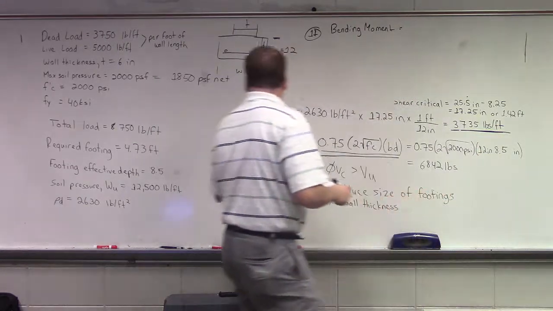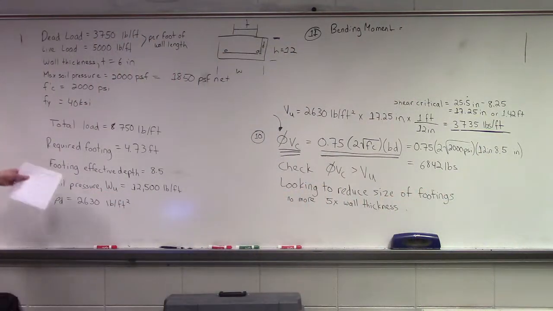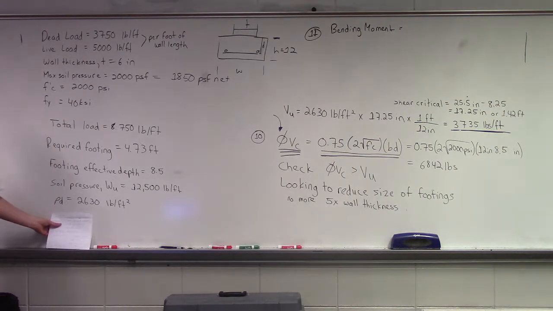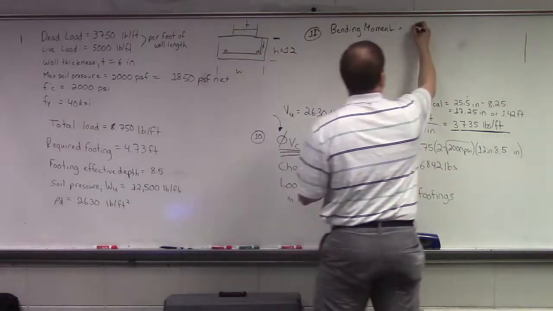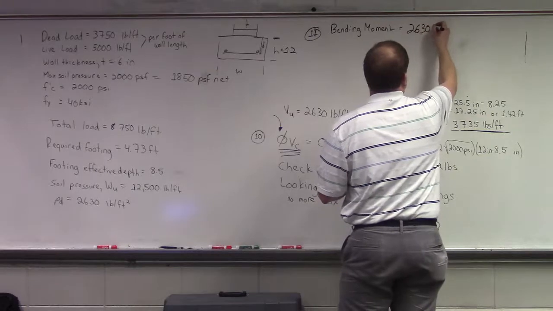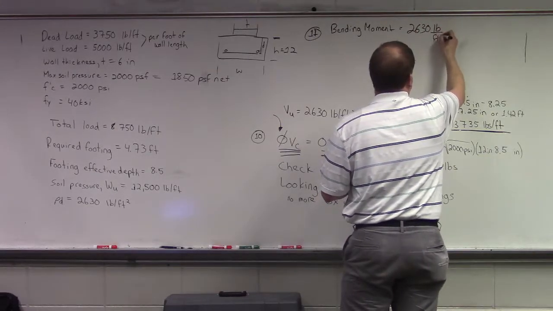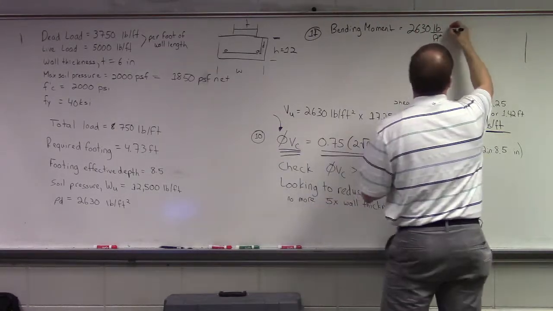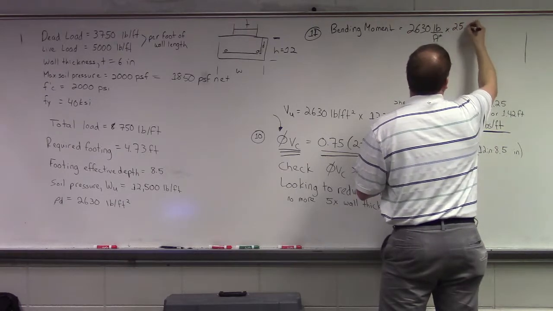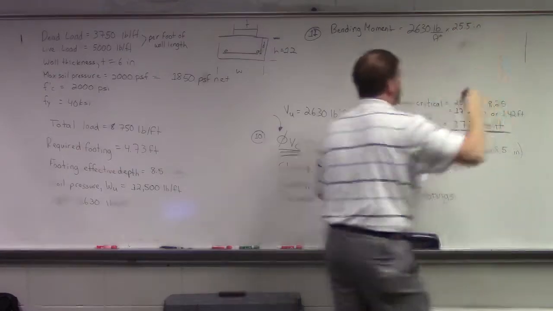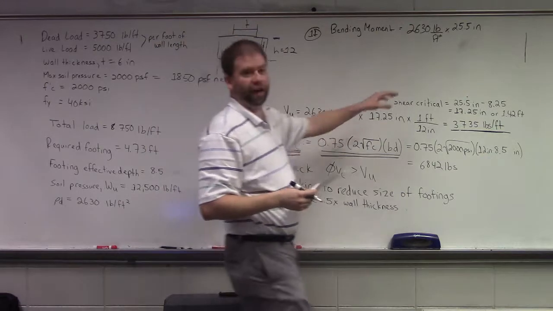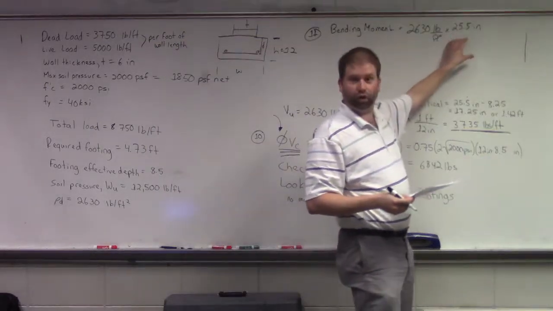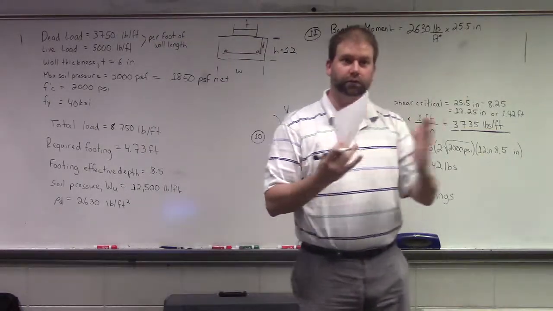So, our bending moment. We have to come back to, oh, I erased where we got our 2630 from, didn't I? So we have to take our bending pressure from our soil and multiply it by that 25 inches, our critical dimension for bending.